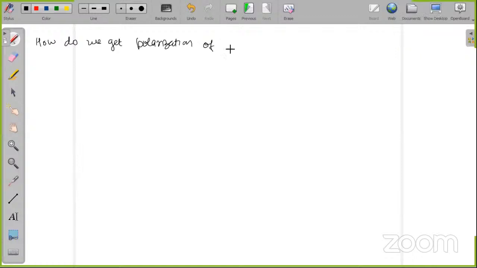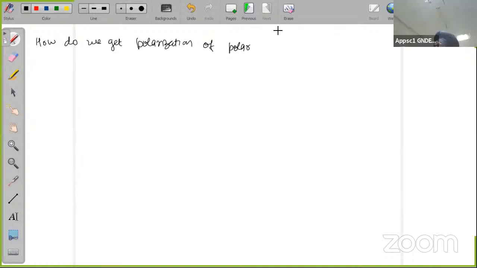Now, how do we get polarization of a polar dielectric? There is a very important question which you should answer yourself. If you are unable to get it, you can call me. How do we get polarization of a polar dielectric?